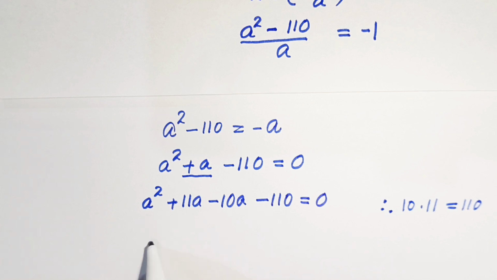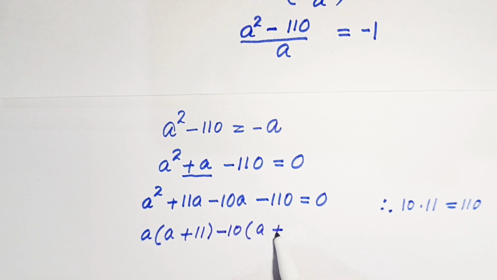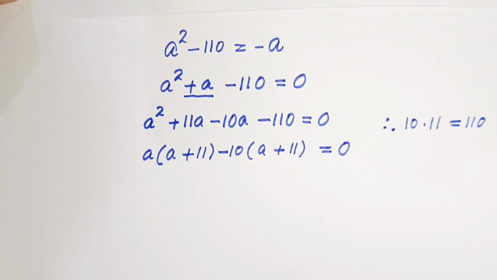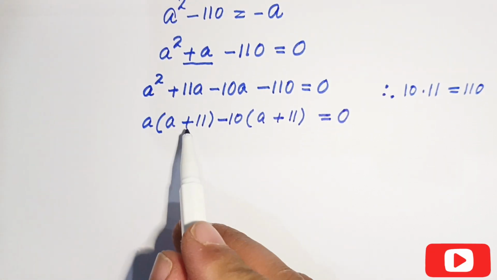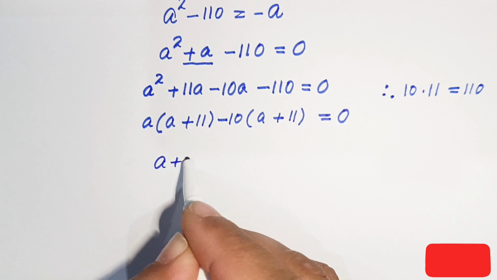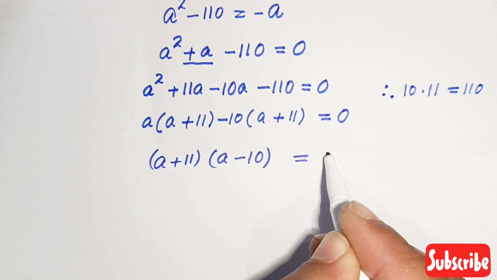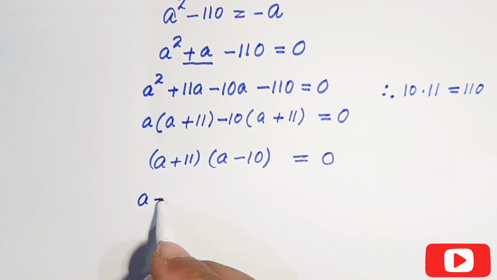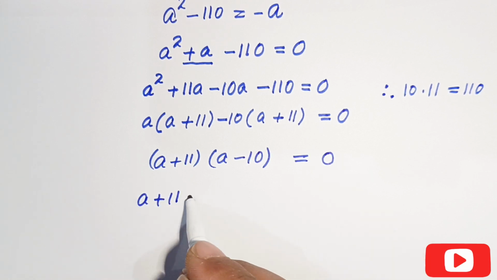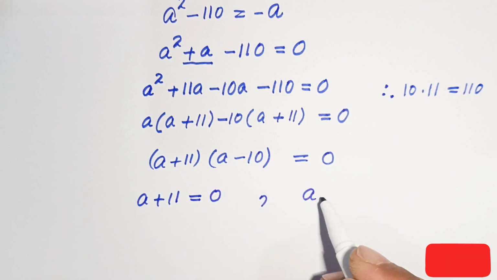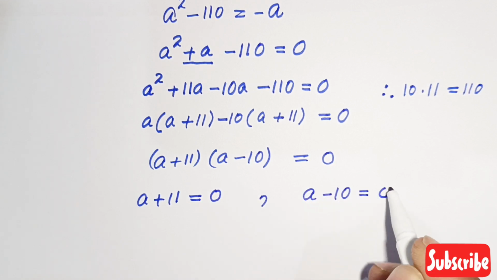Now if we take a as common, it will be a(a plus 11), and minus 10 is common, so we get (a plus 11)(a minus 10) is equal to 0. Now we have two possible conditions: a plus 11 is equal to 0 and a minus 10 is equal to 0.